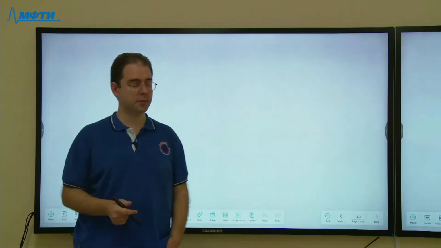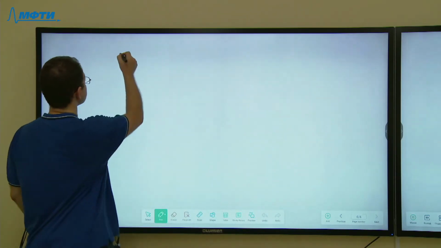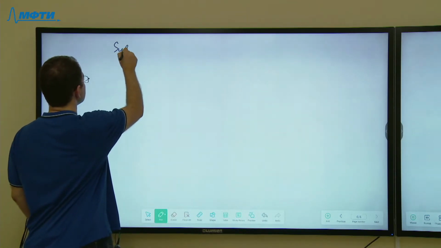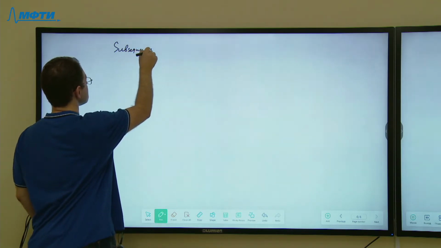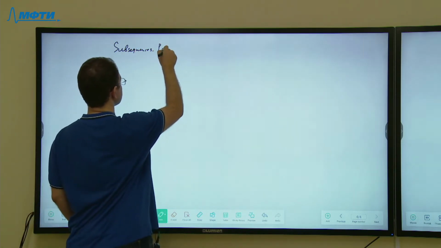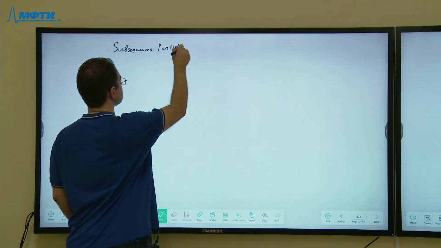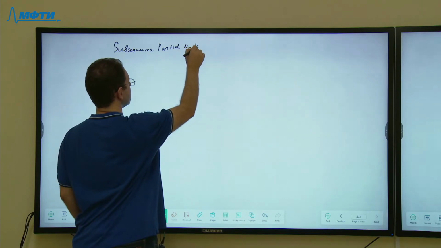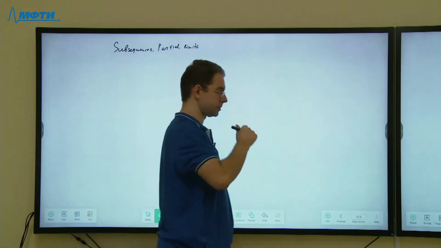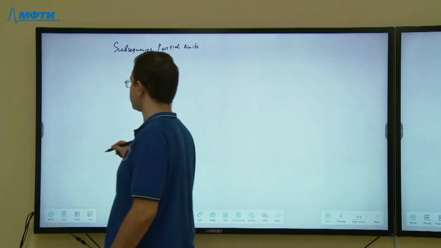Okay, our next topic is subsequences. Partial limits. Definition.